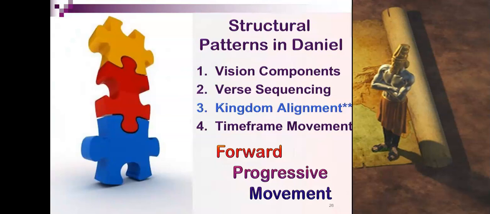We need to always be looking for a forward progressive movement, not things that go backwards, and not things that go forward and then back and then forward and then back. It's always in a forward movement. So this forward progressive movement is going to be a key phrase that's going to come up a lot. You'll see it on the slides tonight. Okay, very good.